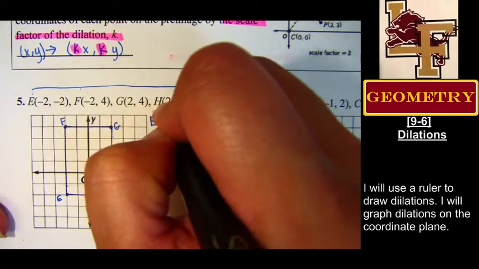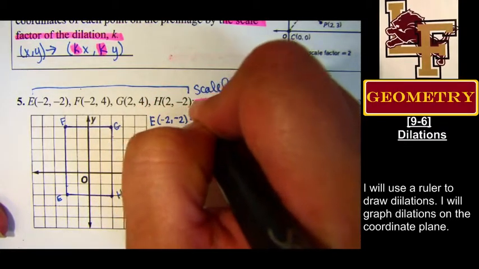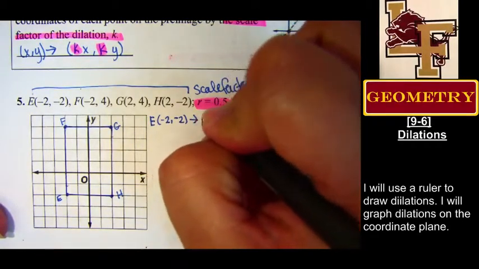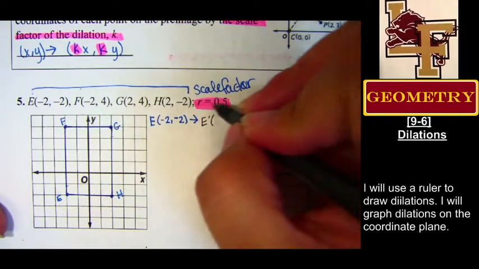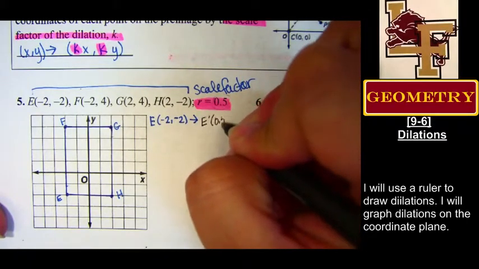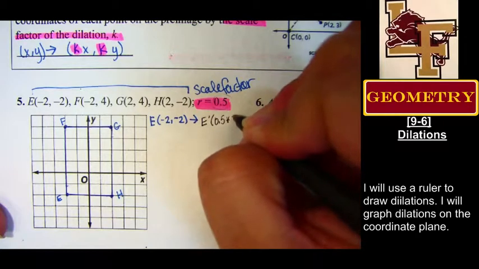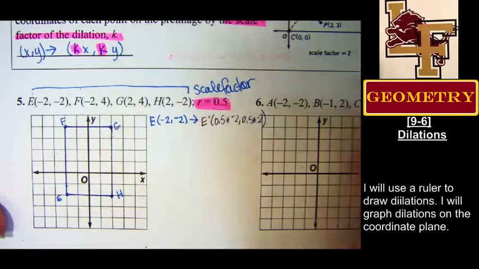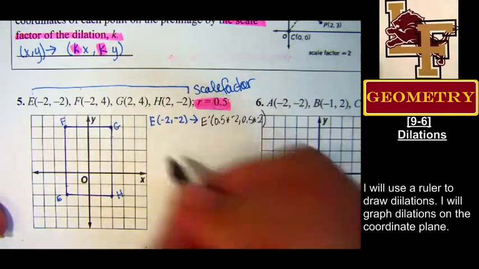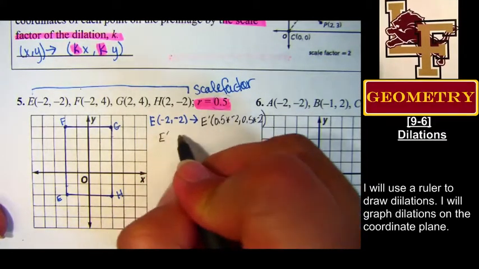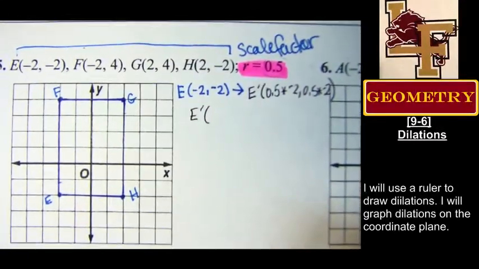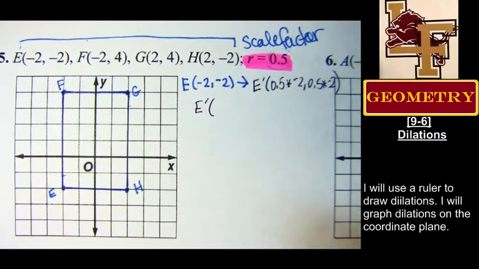I'm going to start with E. And my mapping says to get to E prime, I'm going to take the scale factor and multiply it by the x coordinate and by the y coordinate. Which means our coordinates E prime end up at -1, -1. Because 0.5 times -2 is -1.